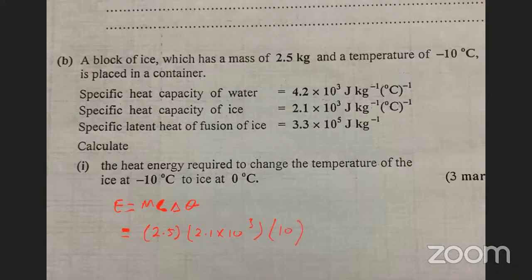How much is that? 52,500. Right, 52,500.